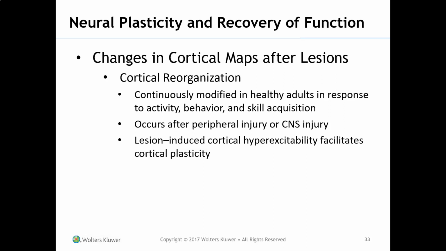If you have an injury to the brain, or even to the peripheral, these cortical maps are going to change. Our job is to find out what's still active and how can we make the best use of it. A lesion-induced cortical hyperexcitability facilitates cortical plasticity. So we're like, okay, let's find out what is still firing and let's tap into that.